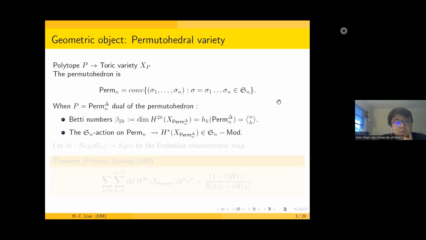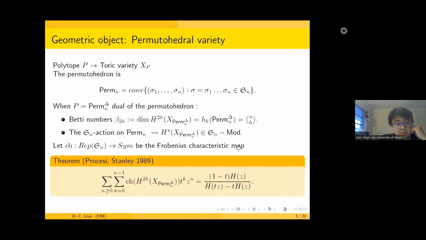When P is the dual permutahedron, the toric variety has the following features. Its Betti numbers, which are the dimensions of its cohomology, are equal to the h-numbers of the permutahedron, which are also the Eulerian numbers we talked about before. There is also an S_n action on the permutahedron, which makes the cohomology an S_n representation.